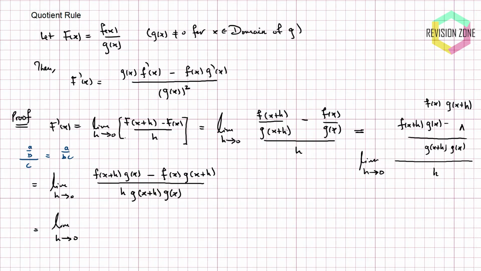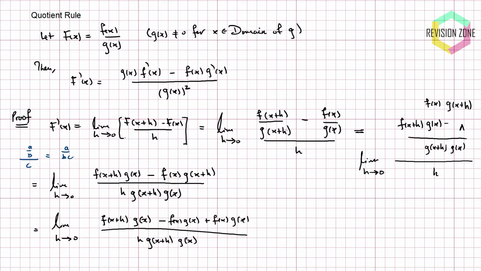So let me rewrite what the denominator is going to be, which is h g of x plus h g of x, and the numerator I'm going to start with f of x plus h g of x, and here comes the slightly clever part. I'm going to insert a term minus f of x g of x, and then add the exact same term, f of x g of x.